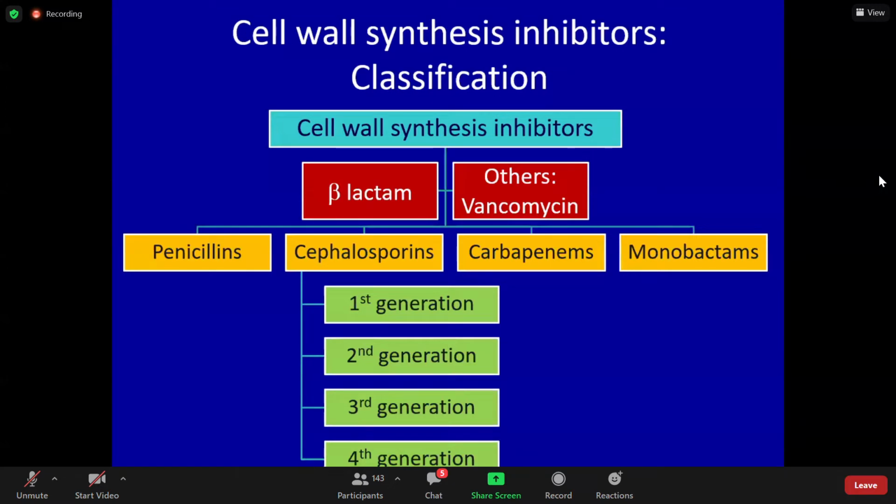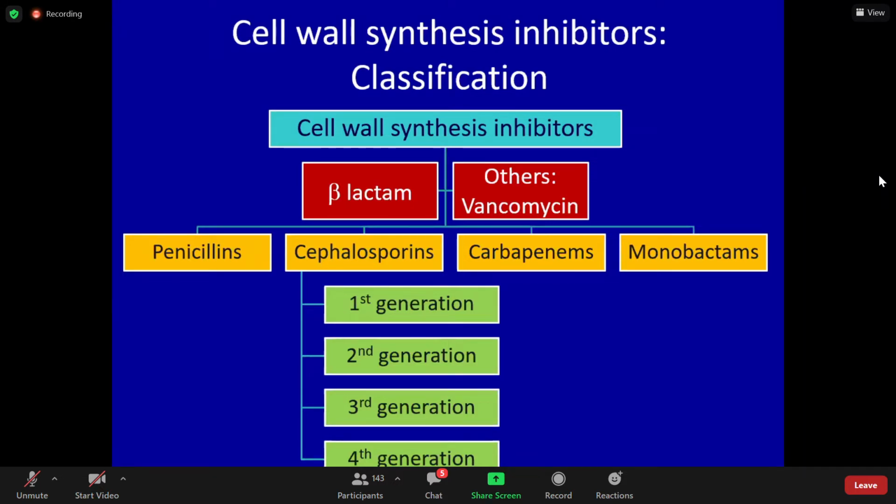Without the beta-lactam ring, the antibiotic is no more an antibiotic. It is the beta-lactam ring within the structure of the antibiotic which provides antibacterial activity. So all the drugs which contain a beta-lactam ring in their nucleus are known as beta-lactam antibiotics.